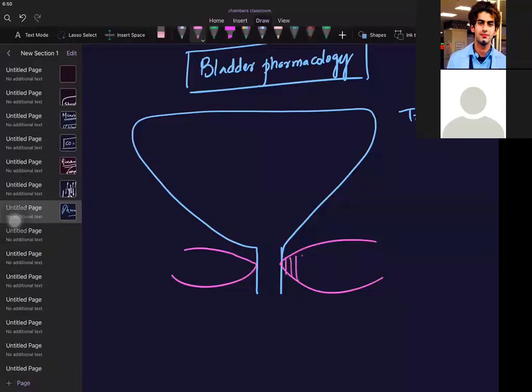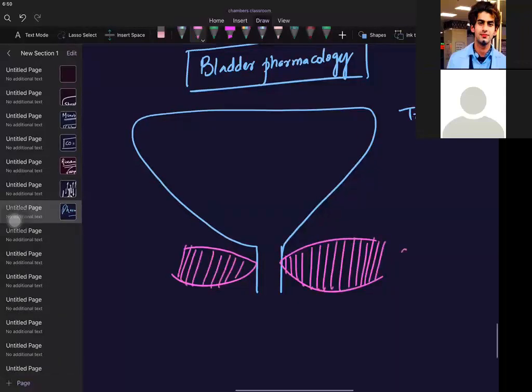This sphincter is called the external urethral sphincter. This sphincter is a voluntary sphincter. That's where you are controlling your urine. While you are in class right now, you are controlling the external urethral sphincter.